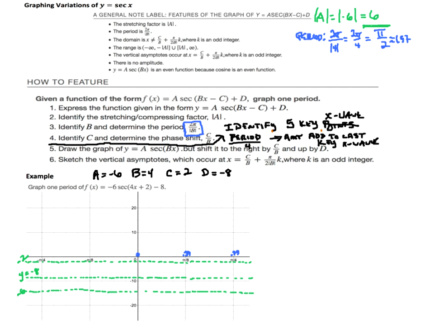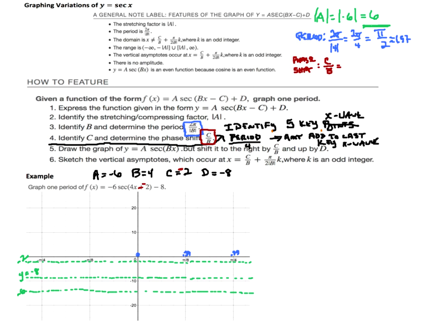Okay, so the next thing to do is to identify the phase shift. So phase shift is given by the ratio C to B. So phase shift is given by C divided by B. And in this case, my C value is negative 2, not positive 2.